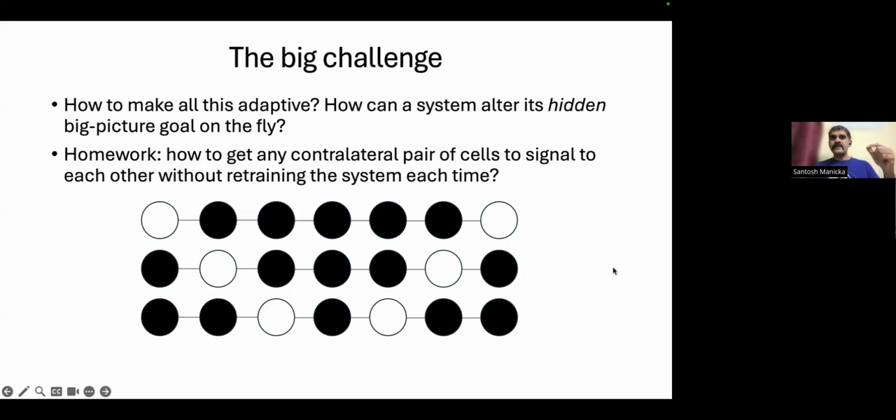That, I think, is an example of adaptive behavior that maybe you can explore in a very simple system like this. I don't have an answer to this, but if any of you are interested, maybe you can let me know if you find anything. So, that's where I will conclude.